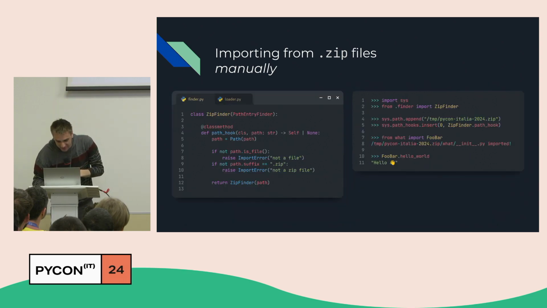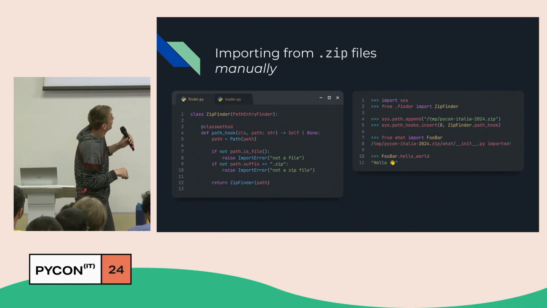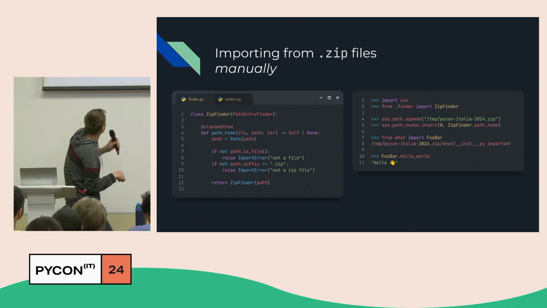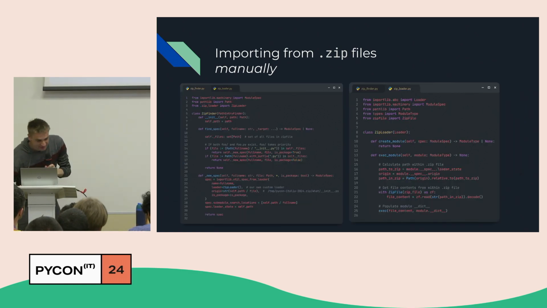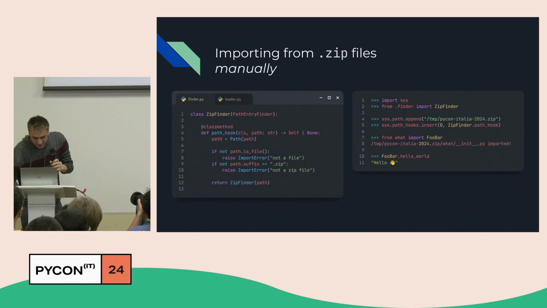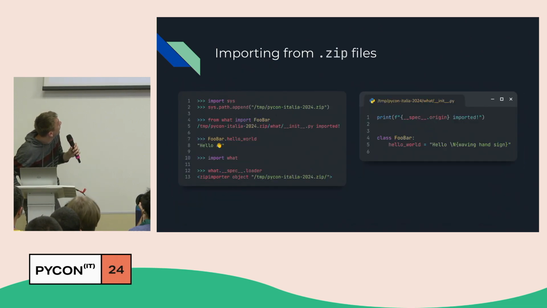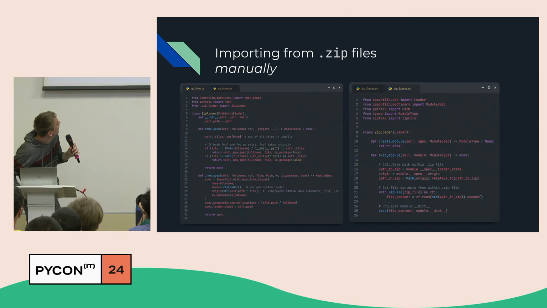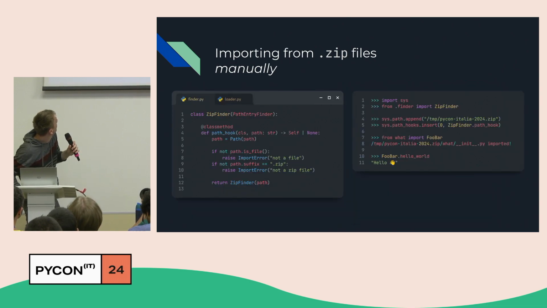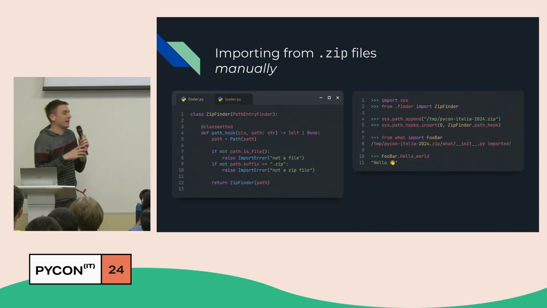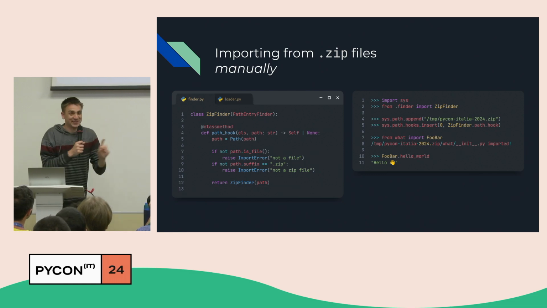Sorry, wait, I did something wrong here. All right, I have confused myself. Sorry about this. What did I do? Okay, yes. Sorry.